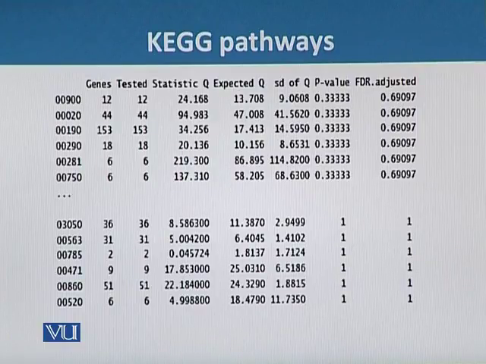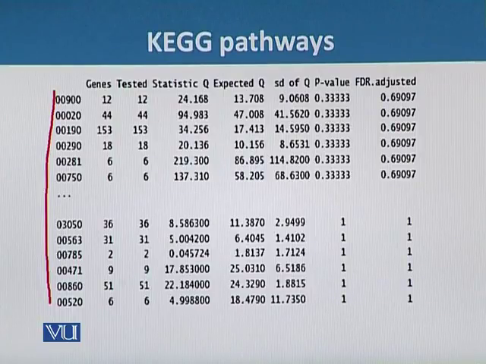We can see a lot of columns here. The first column contains the KEGG pathway identifier. The genes column and the tested column list the number of genes in each pathway and the number of genes in our list that belong to that particular pathway.